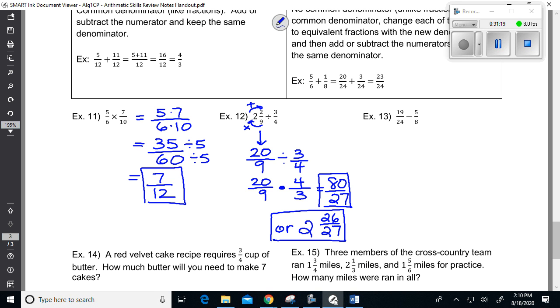Let's look at the smallest number, which is the 8. Is there anything times 8 that will give me 24? 3. So we're going to take the top and the bottom and multiply times 3.